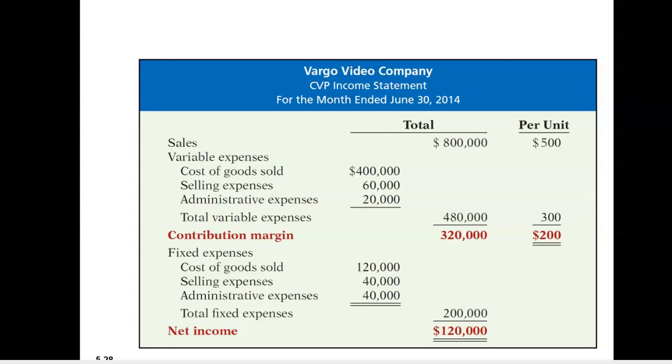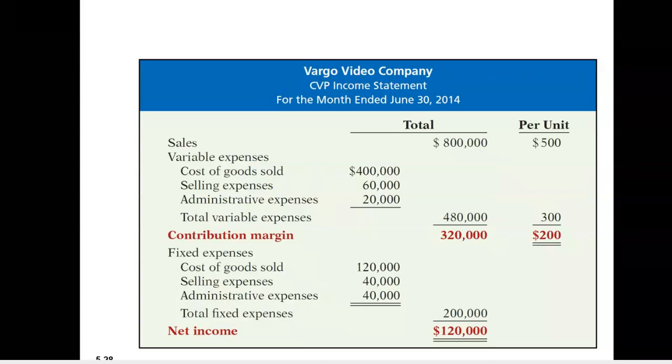I get 300. And now I have the contribution margin per unit. So now you see every unit I sell, in comes 500 in sales, but I use 300 to cover the variable costs. I have 200 left over to contribute to fixed costs. And that's the way we look at it.